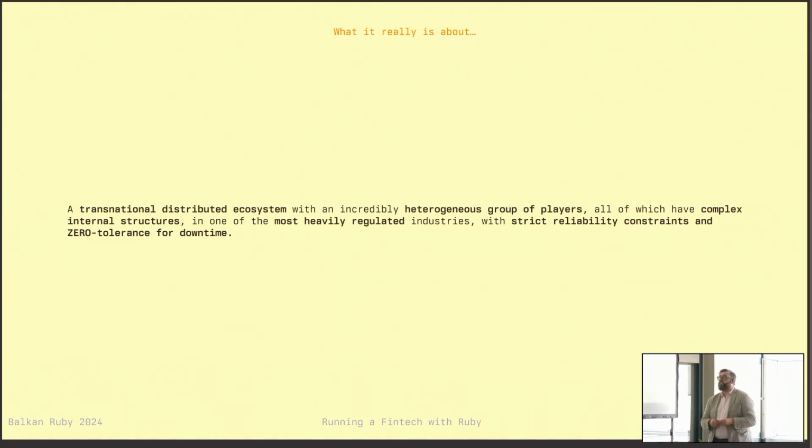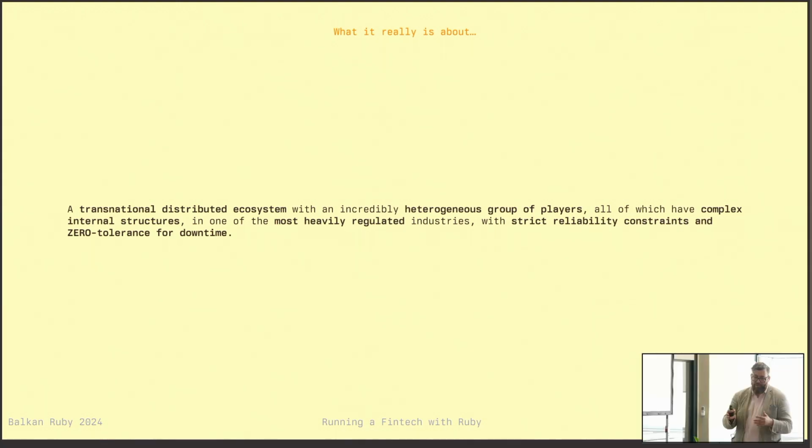So what banking really is, I just came up with this definition. It's not an official one, but I think it reflects the big problem with banks. First, it is a transnational distributed ecosystem. That means that even the same bank can have different branches, different countries, different jurisdictions, different laws, and the ability to issue accounts in each one of them.